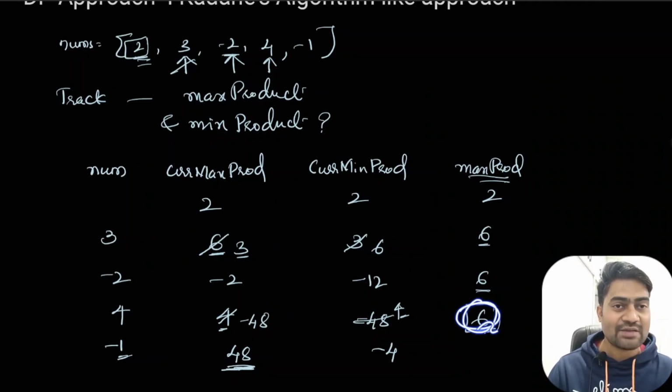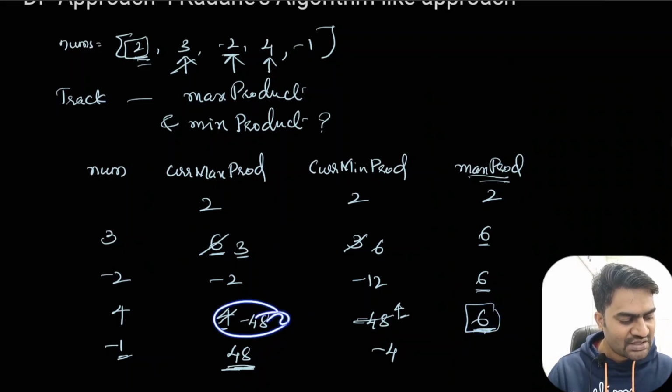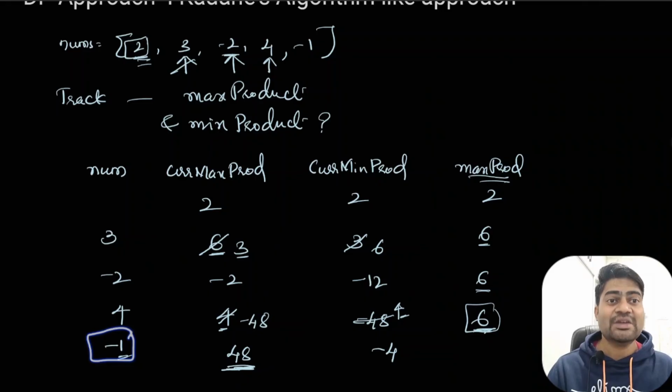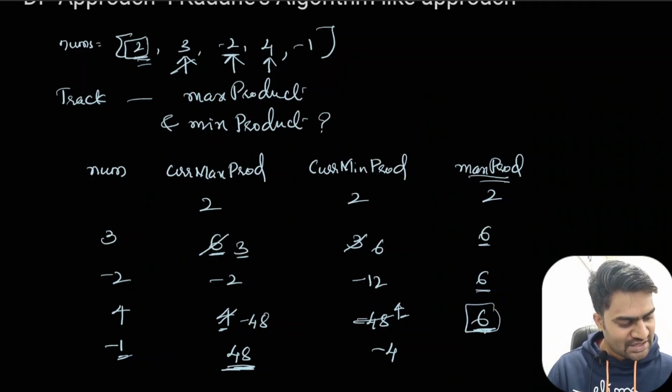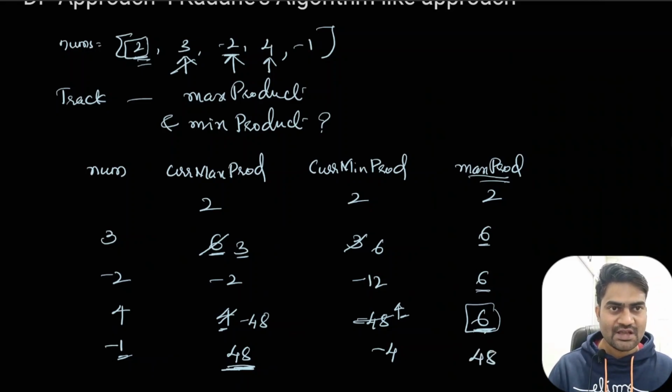This is the point I am trying to make: why we swap the numbers whenever we get a negative number. In that particular multiplication, our most negative number can turn out to be the most positive number. So I will update my max product to 48. This is how we come up with the maximum product of the subarrays.